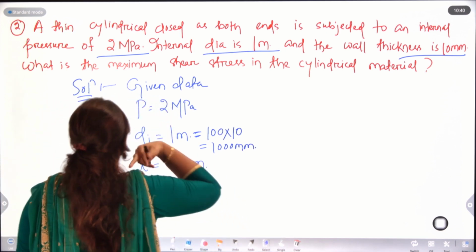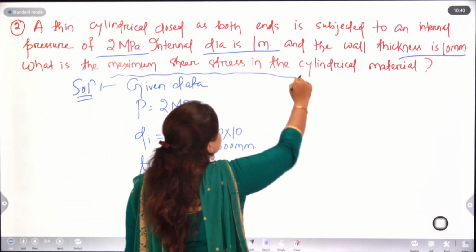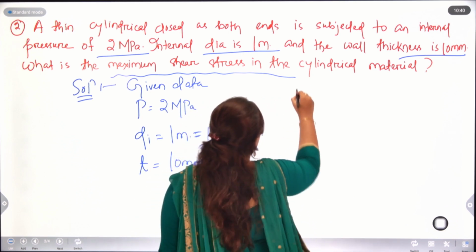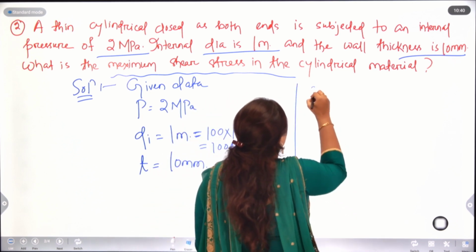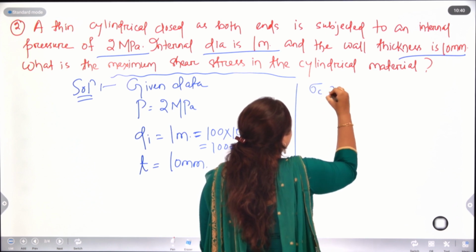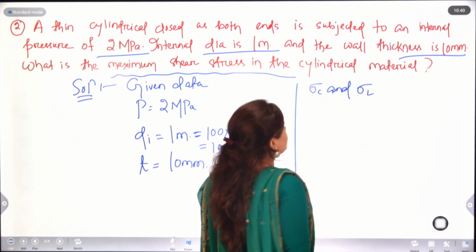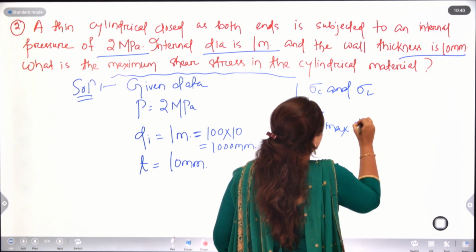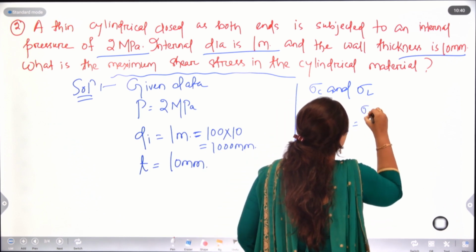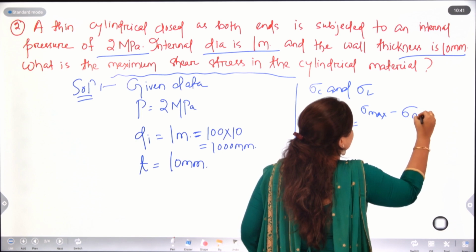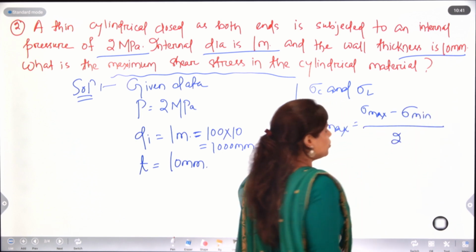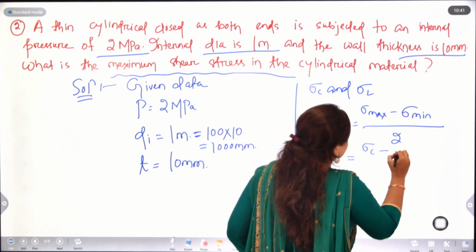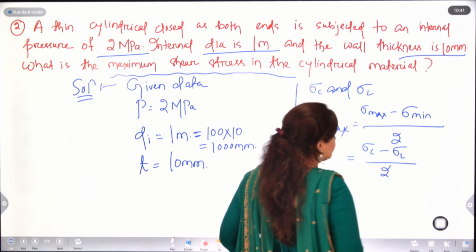Next, what was the question? The maximum shear stress in the cylindrical material. So, how to calculate maximum shear stress? If we have sigma C and sigma L, one is maximum and the other minimum. So, we can write tau max is maximum stress minus minimum stress by 2, that is sigma C minus sigma L upon 2.